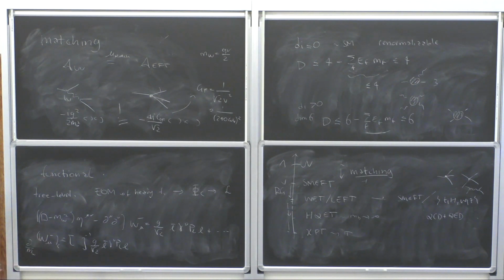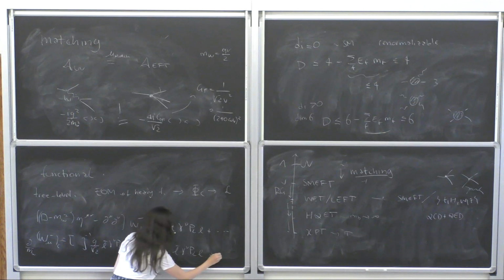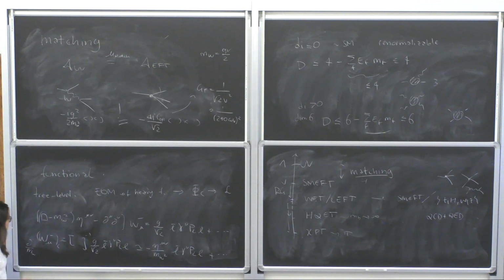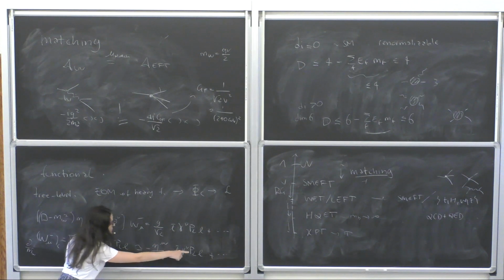So you take the limit in which mW goes to infinity. And the first order is very easy because it's clearly only that term. So this essentially remains minus eta mu nu over mW squared, and then the fermion current, plus higher order interactions.